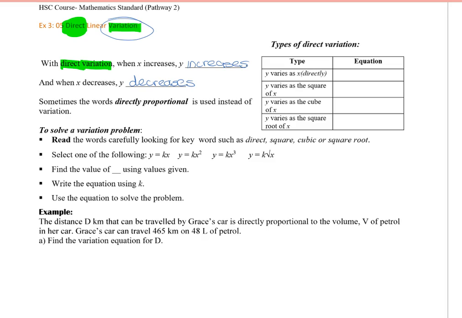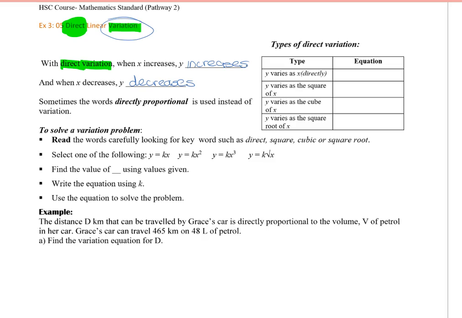So a pretty obvious example would be, as the amount of money you earn increases, so too does the amount of things you can buy. So if x was the amount of income you had and it's increasing, the amount of things that you can purchase also increases, and that could be y.